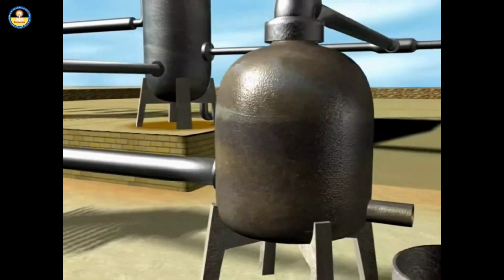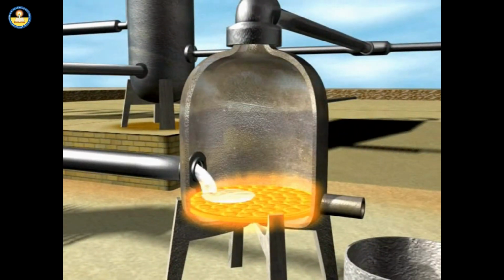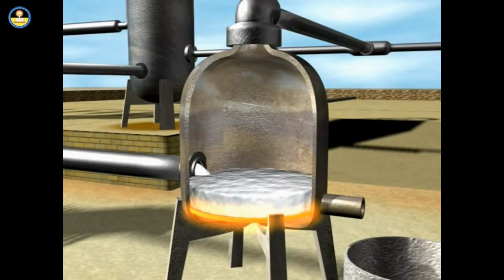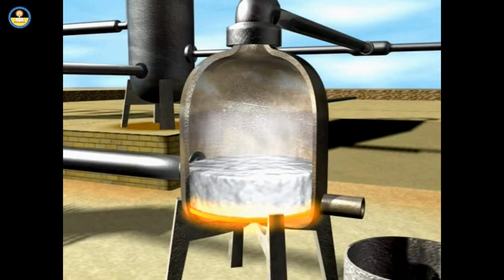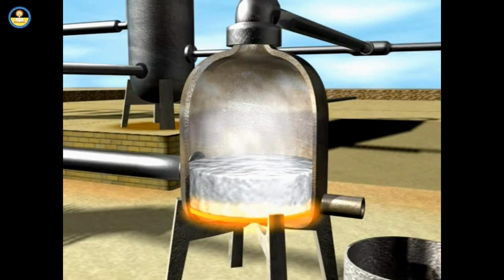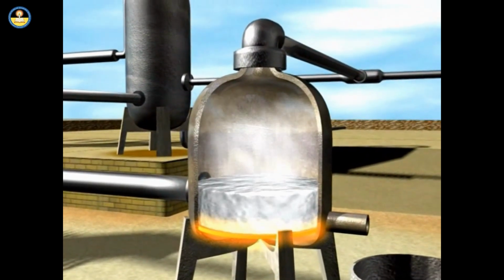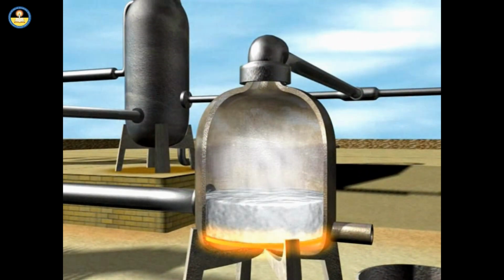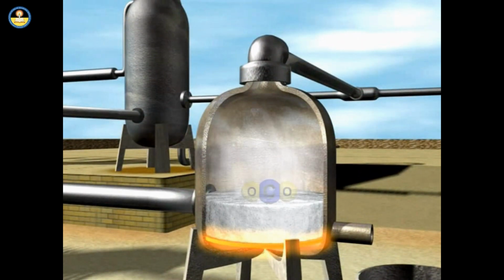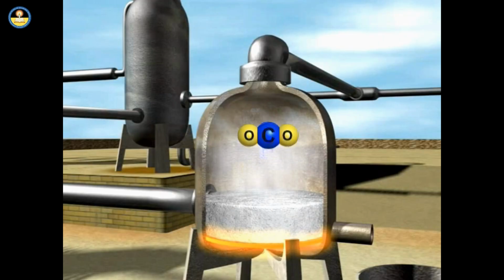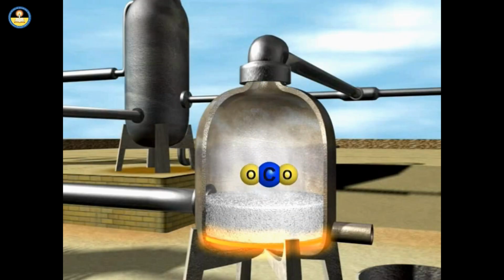Decomposition of sodium bicarbonate takes place in the calcination tower. Sodium bicarbonate decomposes to form sodium carbonate, carbon dioxide, and water. You can see the carbon dioxide escaping. This CO2 is then recycled to the carbonator.